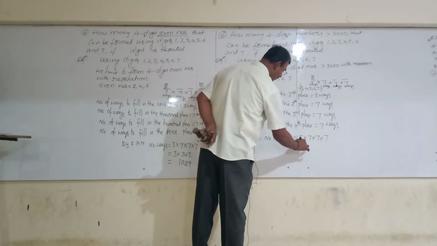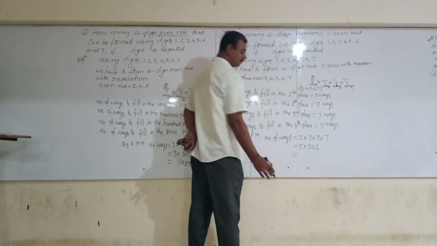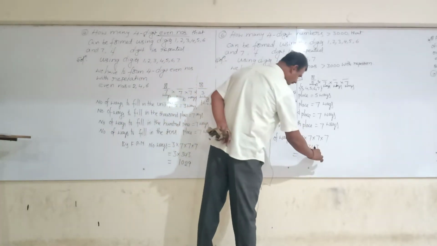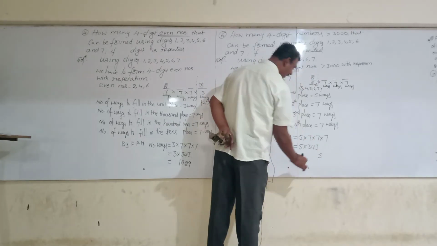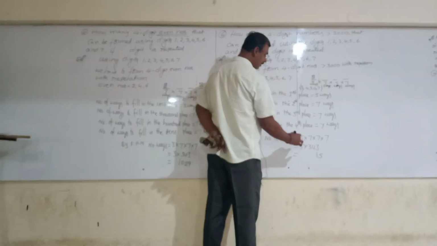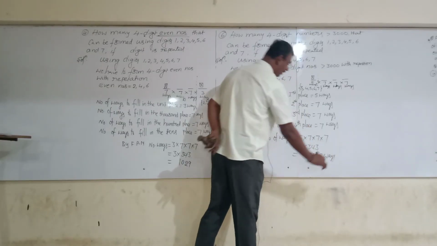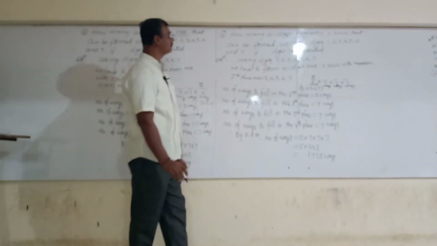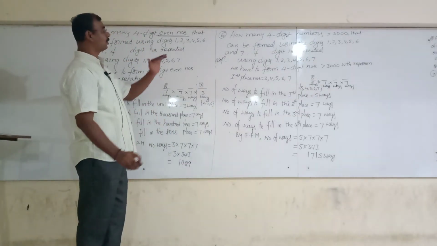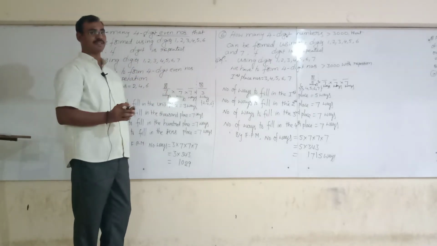This is 5 into 343. 5 3s are 15, 1 carry. 5 4s are 20, 21. 2. 5 3s are 15 plus 2, 17. So 1715 ways. Follow this one. Like this, for numbers more than 3000, we have to solve our exercise problems.